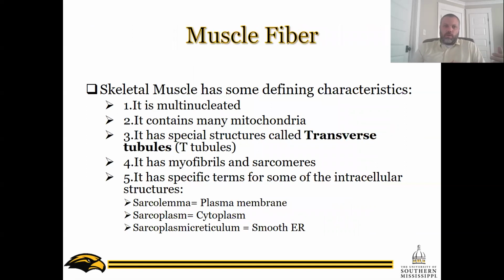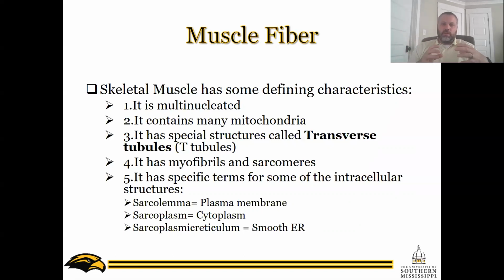But as we get to our muscle fiber itself, one of its big characteristics is that it's multinucleated, which means that a muscle fiber, or a muscle cell itself, is going to have more than one nucleus. And when we start talking about hypertrophy and adaptations, we'll get to that a little bit more in detail and why that's really important.